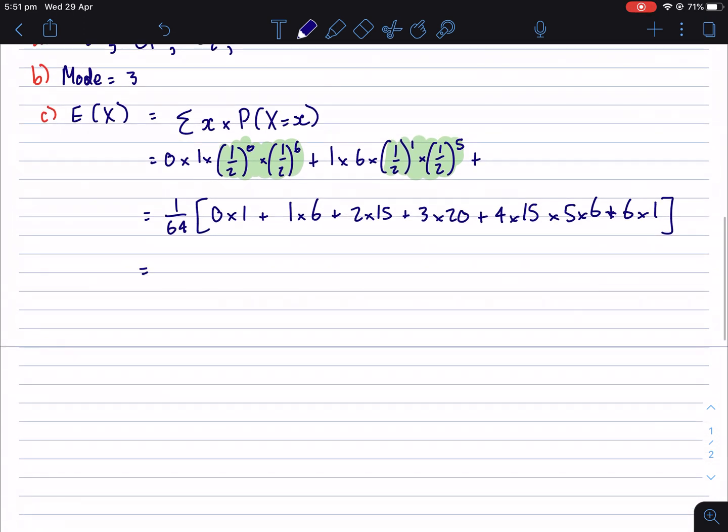So let's get this. I've got 1 on 64 times 1 times 6 plus 2 times 15 plus 4 times 15 plus 5 times 6 plus 6 times 1. 192. So that comes out as 3.